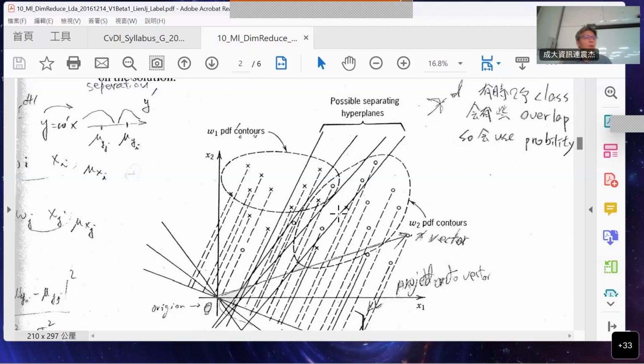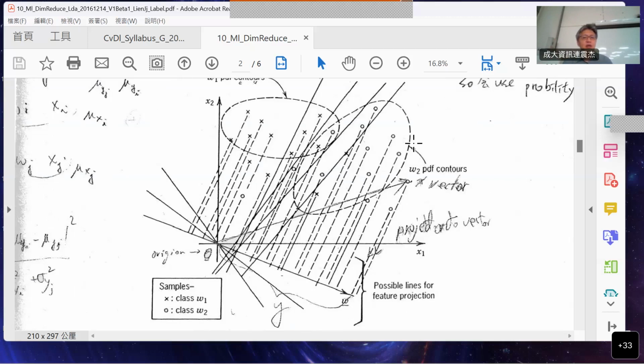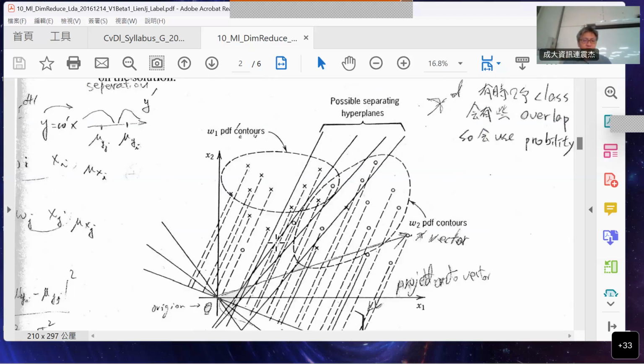But higher than 3D, we call hyperplanes. 高纬度的 plane 这样子，因为没办法去画这种四个纬度的嘛，所以就 call hyperplane。好，so our purpose is to try to find which line we call discrimination line can separate both classes. So that's LDA.